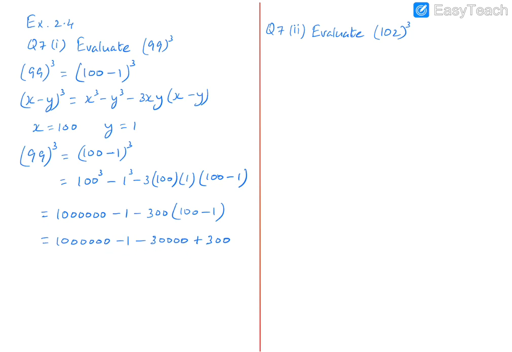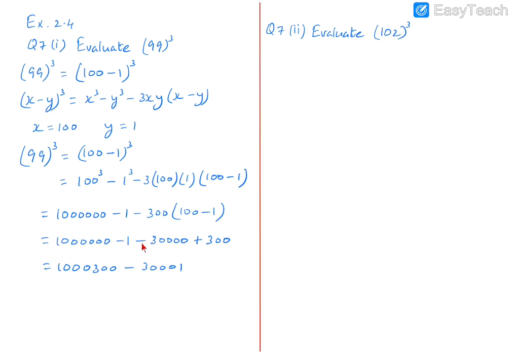So we will get it as 100,0300 minus 30,001. Okay, so we have 100,300. So it is this plus this minus these two numbers.